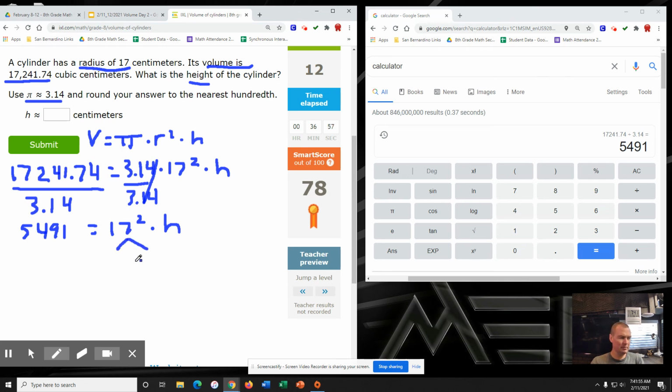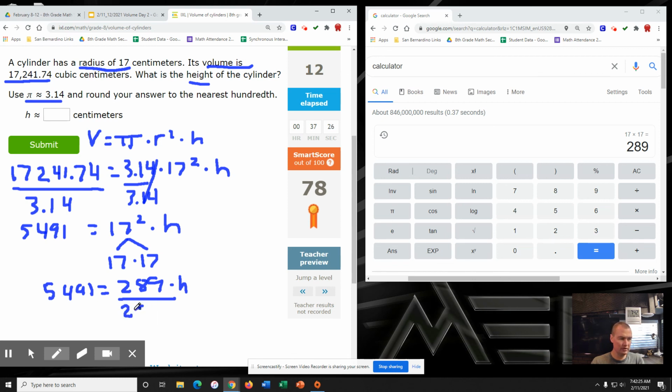And again, just my preference here. Let's take 17 to the second power and actually work it out. So 17 times 17 gives us 289 times h, and bring down our volume. So 5,491. And last step, divide it out.